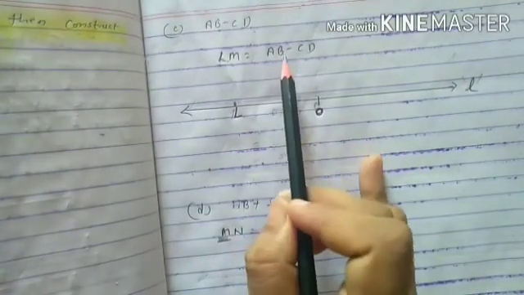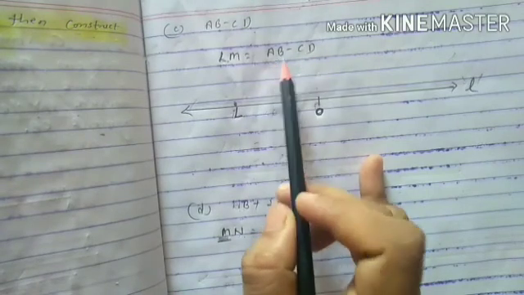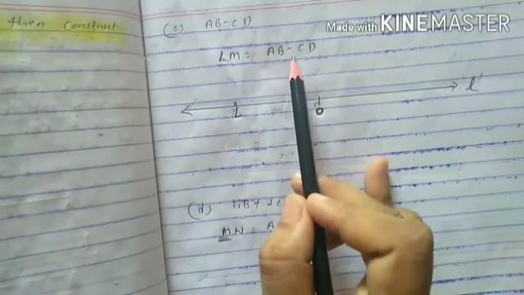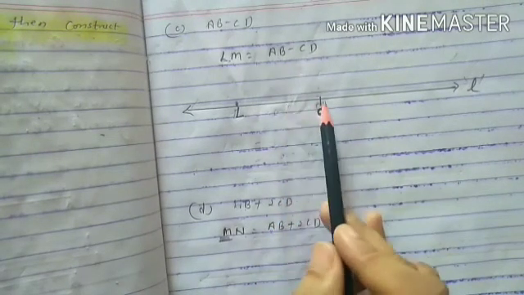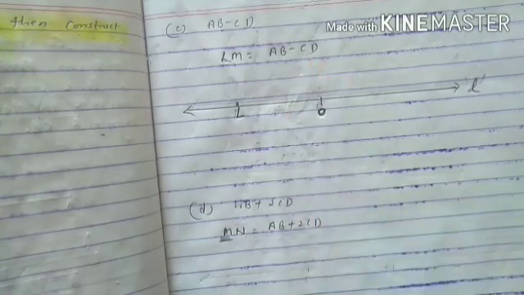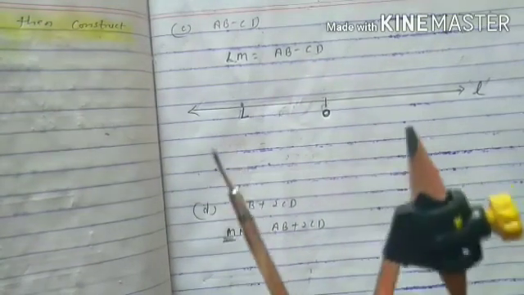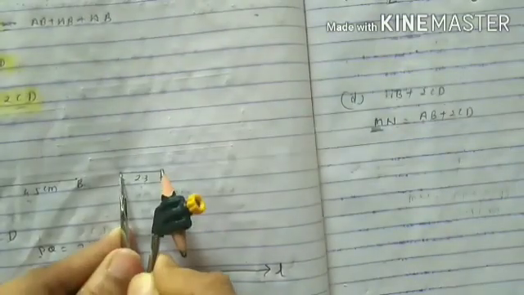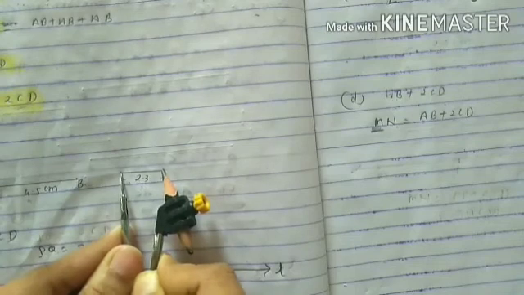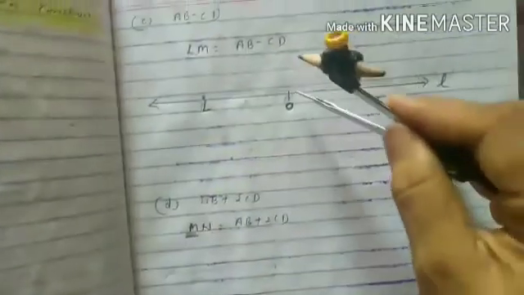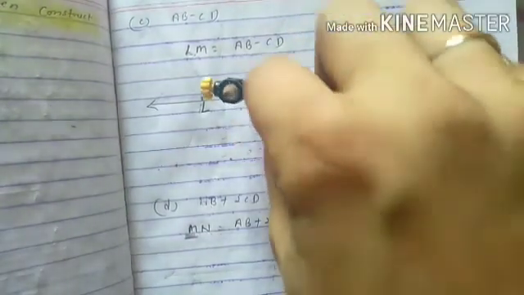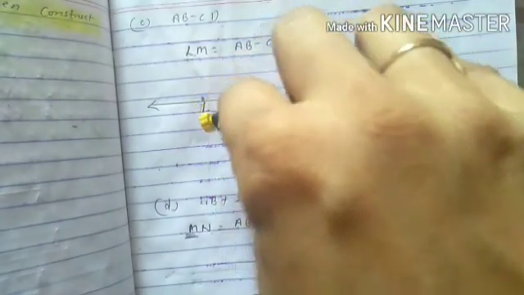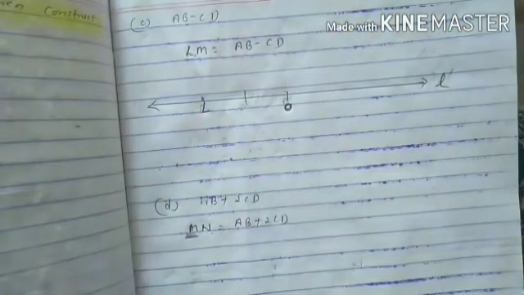Now I have to subtract this CD from AB, meaning I have to find the difference between AB and CD. So I have to move left. Okay, so take compasses, put this metal arm at point C and pencil point at point D. Without disturbing it, keep metal point at O and at left draw an arc.